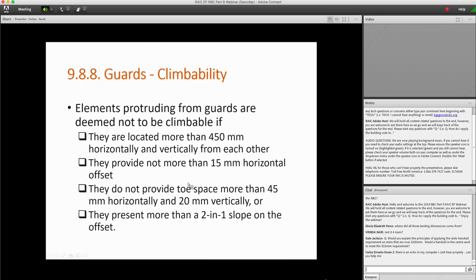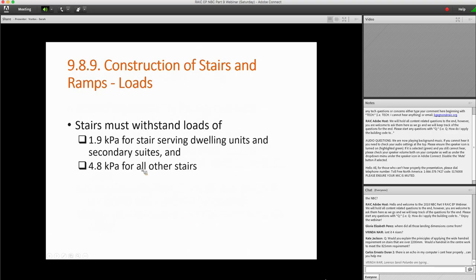They must not provide more than a 15 millimeter horizontal offset. They do not provide toe space more than 45 millimeters horizontally and 20 millimeters vertically, or present more than a 2-in-1 slope.